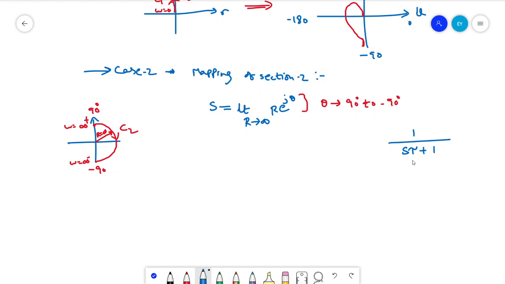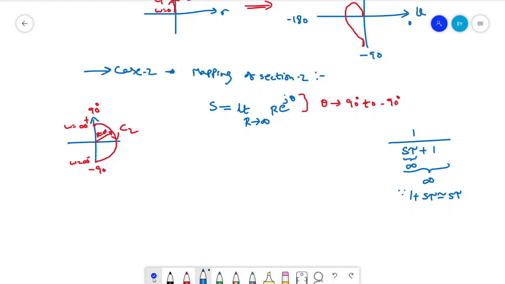Therefore, how can I write infinity plus 1 in the time constant term? In terms of magnitude this will be infinity. This is already infinity. Infinity plus 1 will be infinity indeed. So 1 plus s tau will be approximated to s tau.